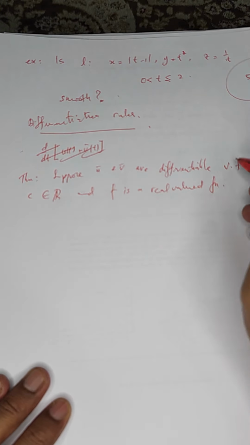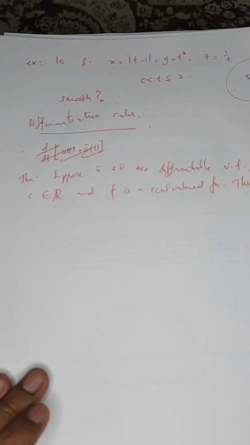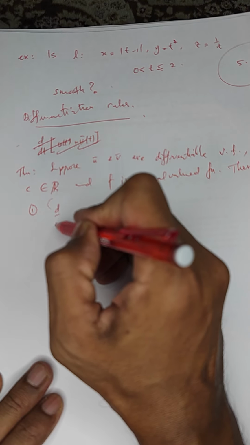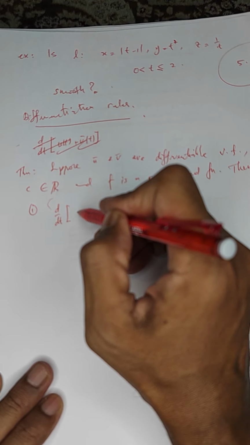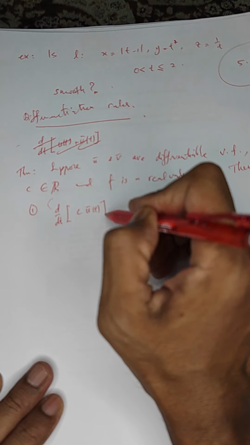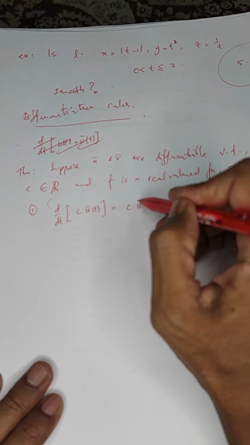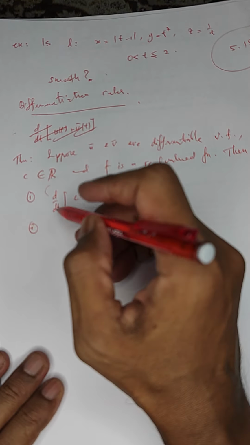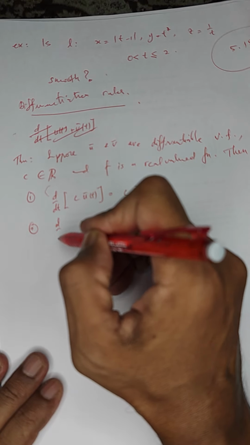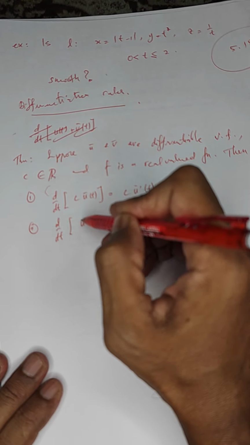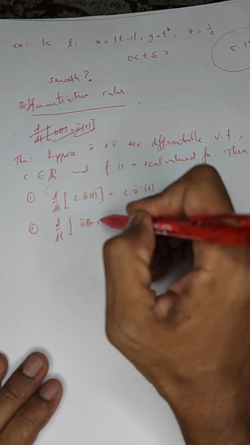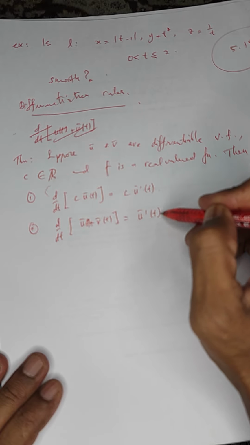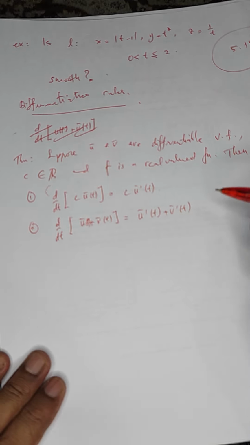Then we have a couple of rules. Number 1, d/dt of c u(t) is given as c u prime(t). Number 2, we have d/dt of u(t) plus v(t), this is u prime(t) plus v prime(t).